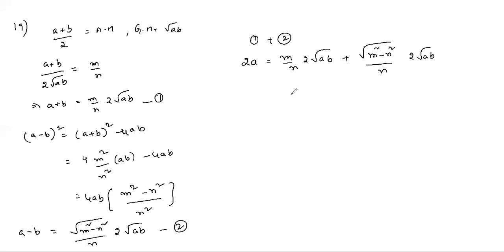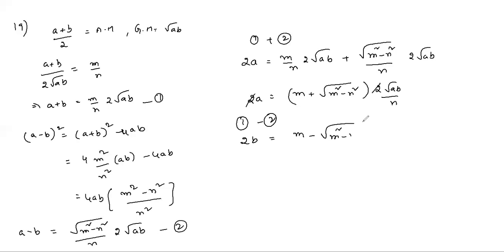So this is (M plus root (M square minus N square)) into 2 root AB by N. This is 2A, 2 will cancel. Similarly, by subtracting 1 minus 2, A plus B minus A minus B is 2B. 2B equals, same if you write, M minus root (M square minus N square) into 2 root AB by N. 2 will cancel.